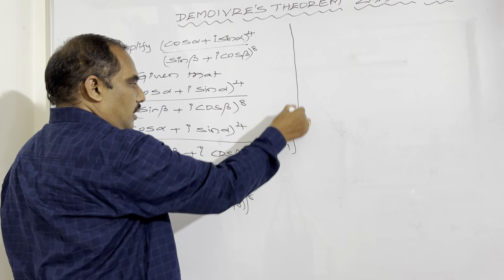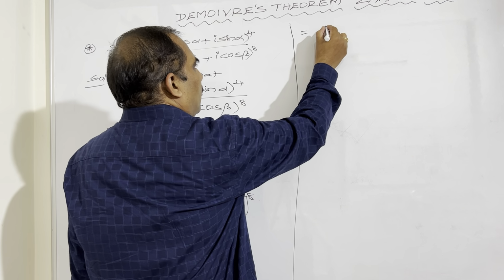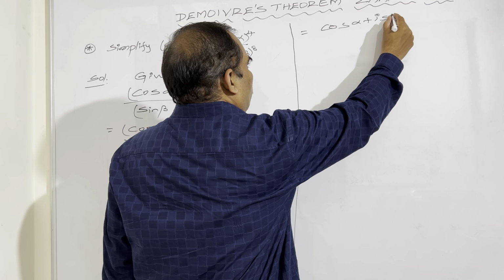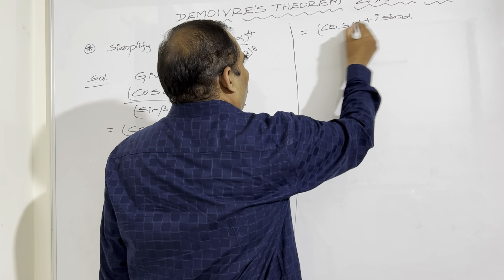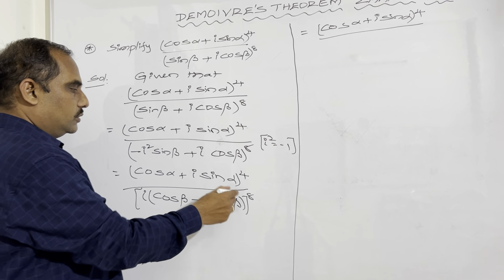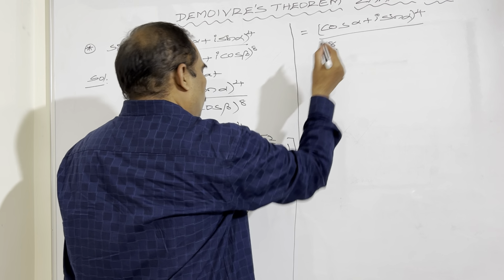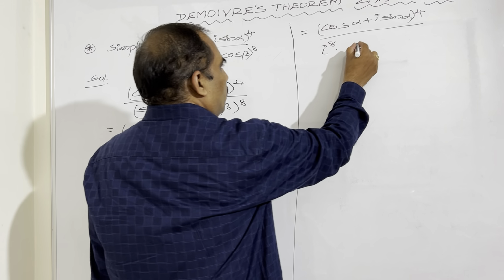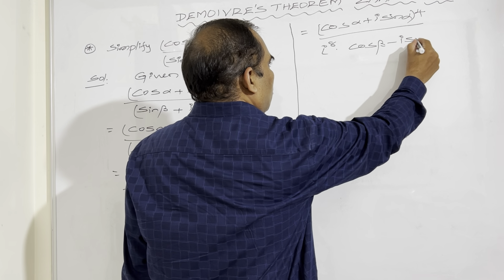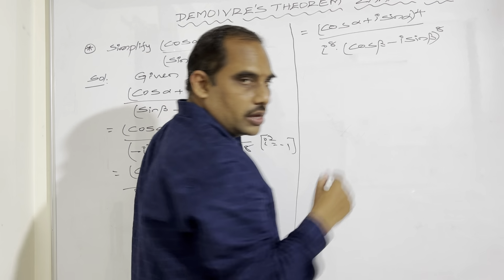Now further it becomes cos alpha plus I sin alpha whole to the power of 4 whole divided by I to the power of 8 into cos beta minus I sin beta whole to the power of 8.